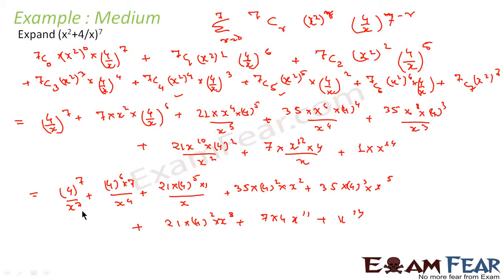So if you see, the powers are increasing by 3: x to the power minus 7, then minus 4, then minus 1, then 2, then 2 plus 3 is 5, 5 plus 3 is 8, then 11, then 14. So this is the answer for (x squared + 4/x)^7. If you expand this, you get this as the answer.